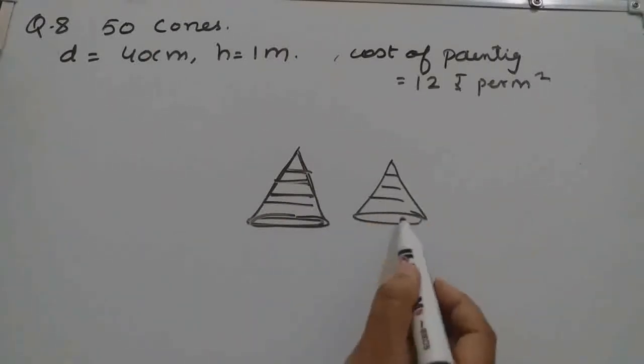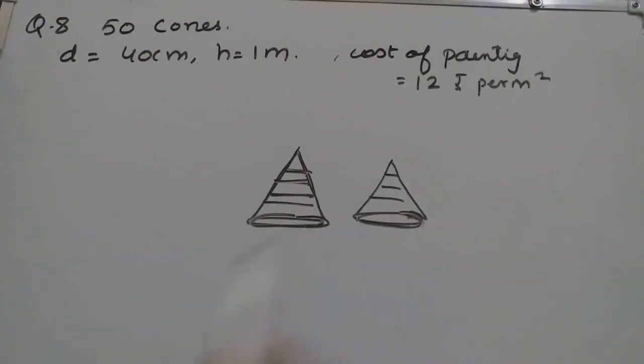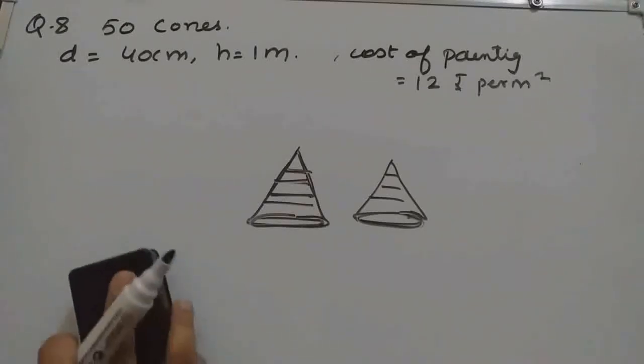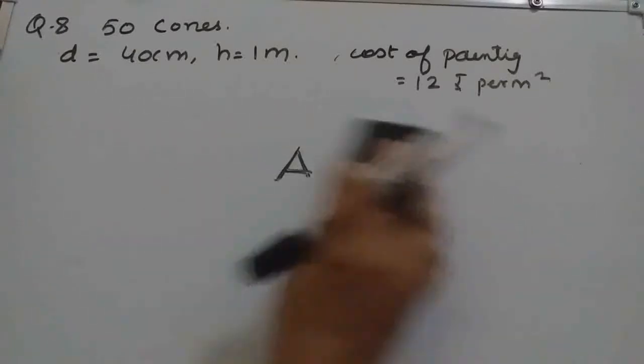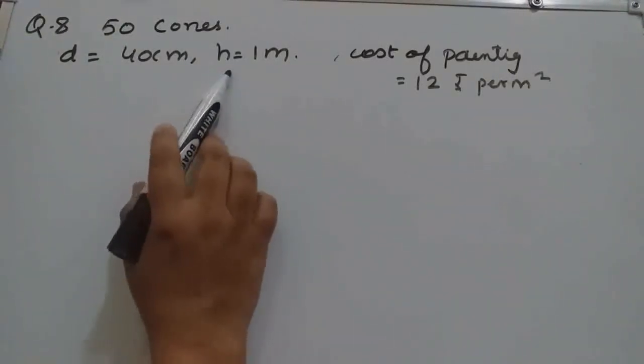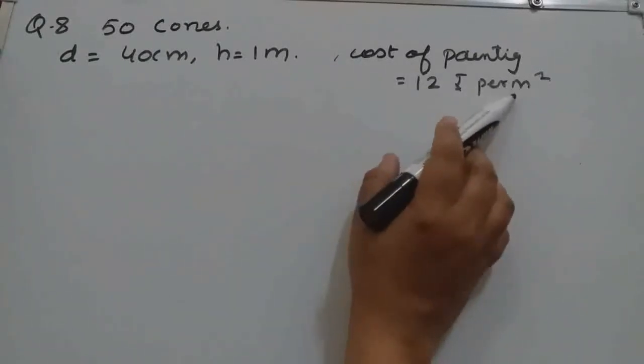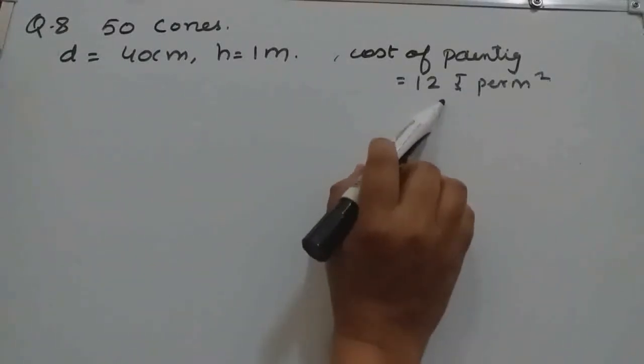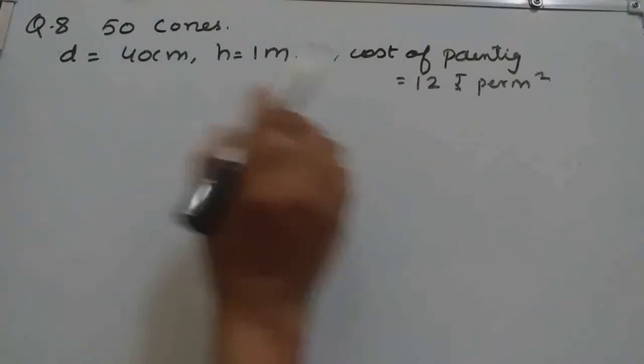These are hollow in nature, meaning the base is open. So such 50 cones are required, and diameter is given and height is given. Cost of painting per meter square is 12 rupees. So what will be the total cost of painting all these cones?